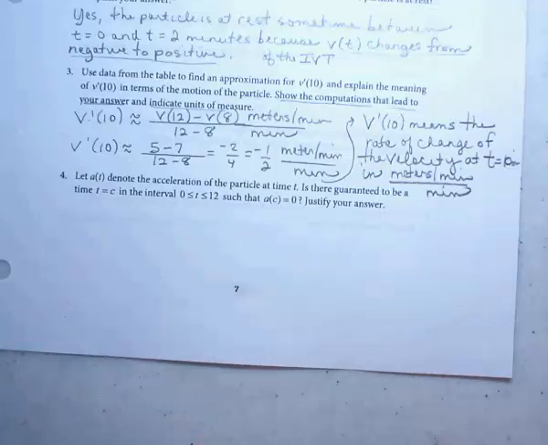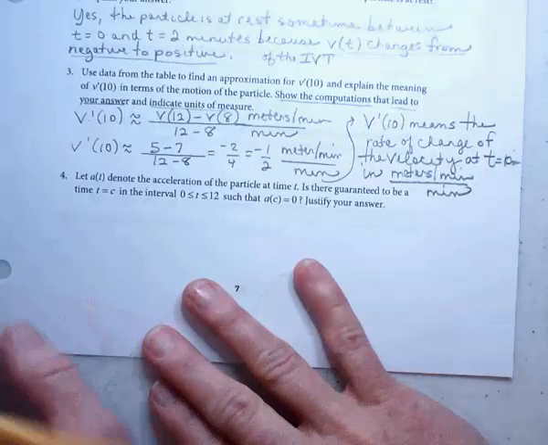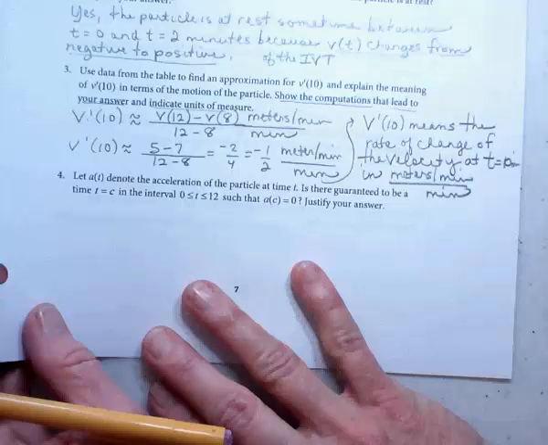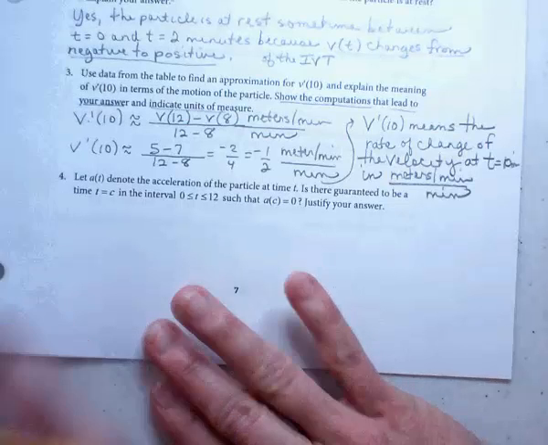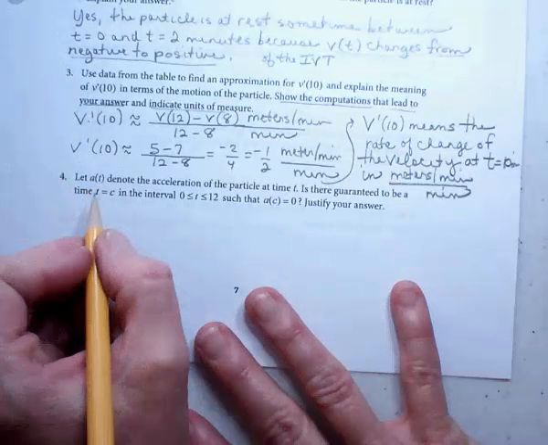Will the slope ever be 0? Oh, certainly. You can look at the graph, you can look at the data table. Okay, so let's take the question and make it our answer: yes.